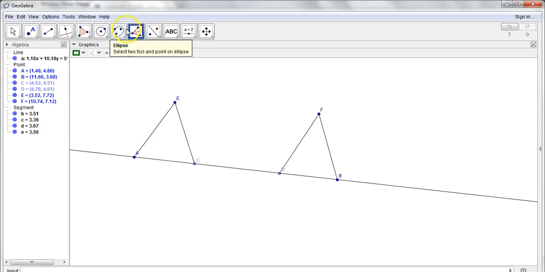When you use the angle tool, I like to use the 3-point way of measuring an angle. If I want to measure, say, this angle A right here, you go in a clockwise direction, and you start with a point that's on the side of the angle.